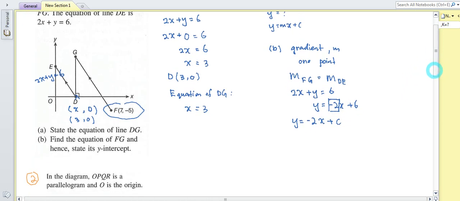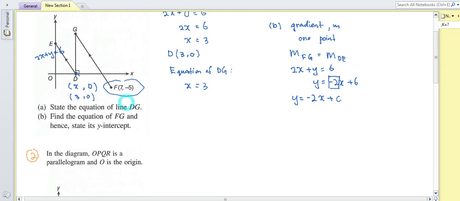We need to find the c. So how to find the c? I use the point F, 7, negative 5. So y is equal to negative 5, negative 2x, x is equal to 7, plus c. Negative 5 equal to negative 14 plus c.